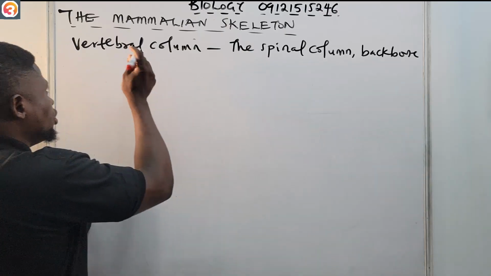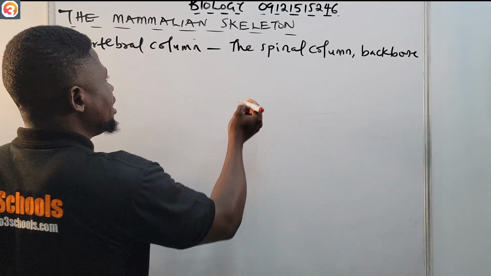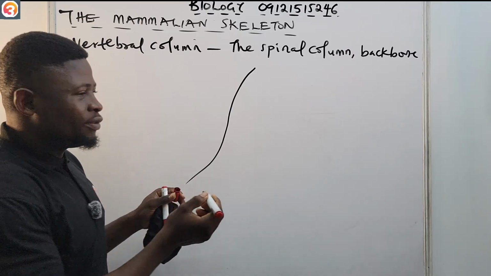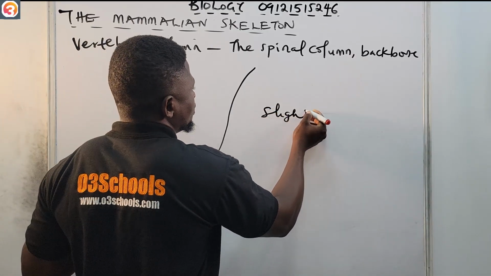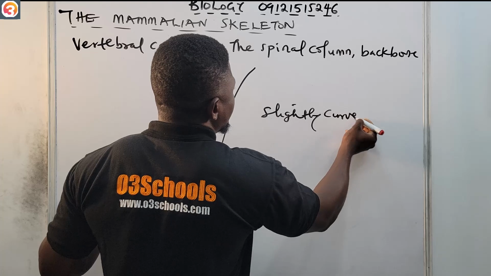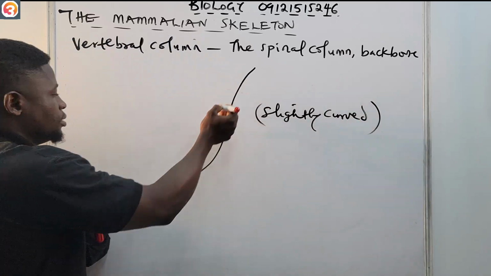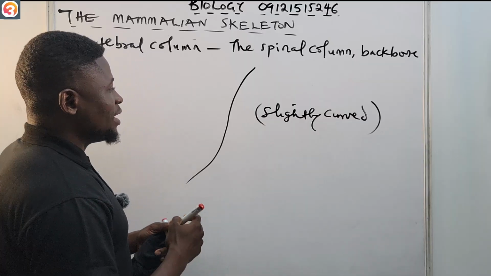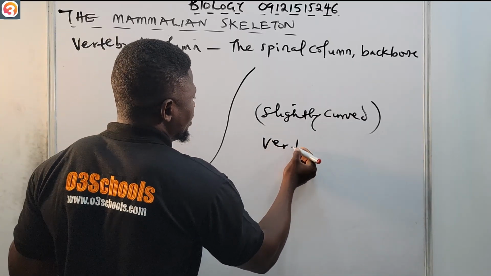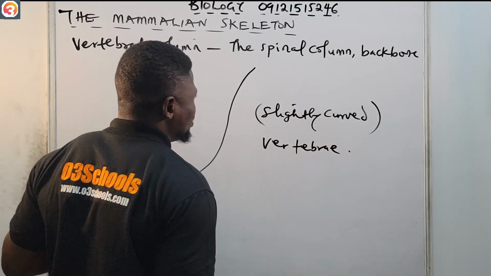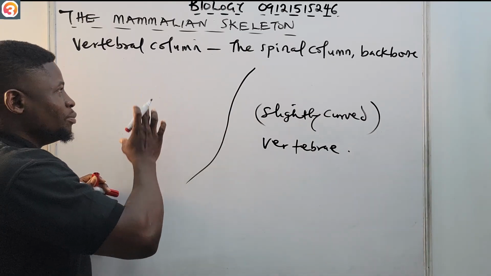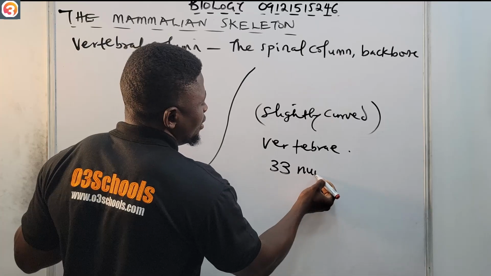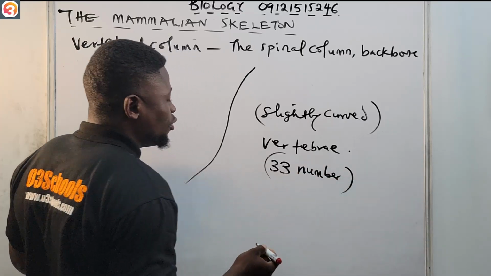The vertebral column is a slightly curved structure, something like this, that has several bones called vertebrae. The number of bones found in the vertebral column is 33 for a small baby.